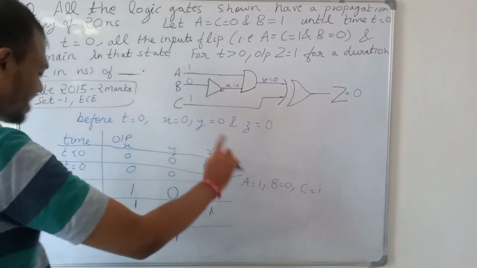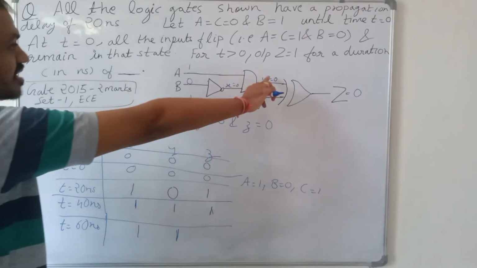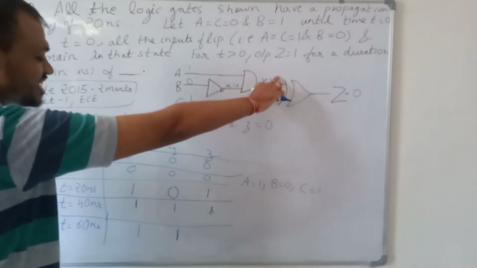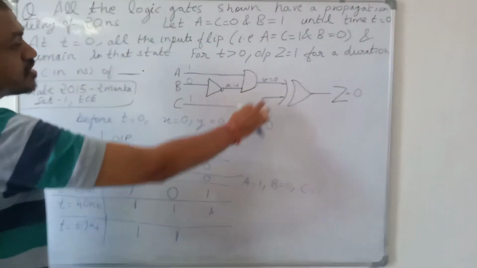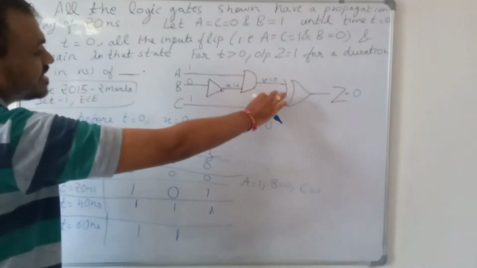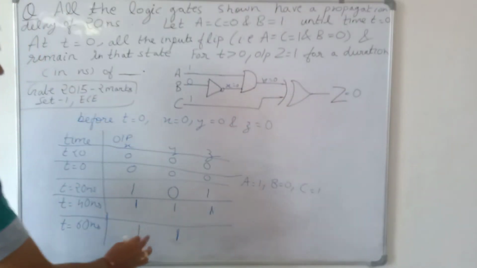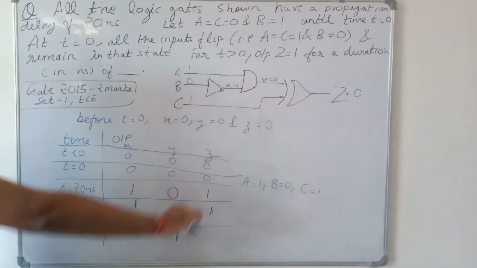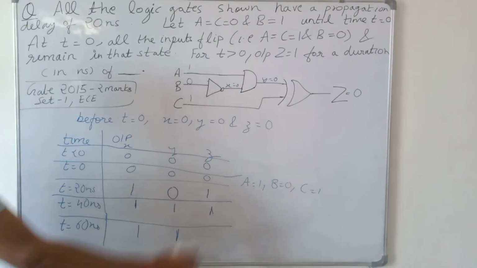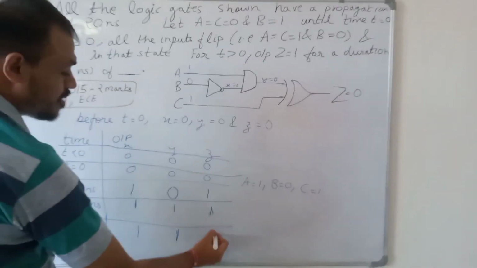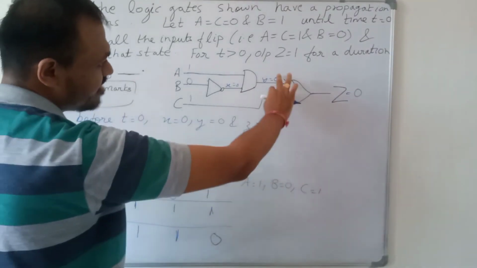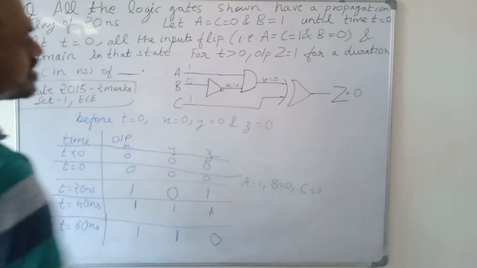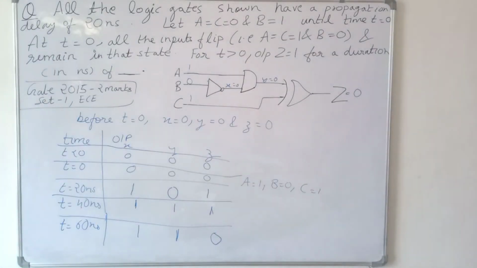But at t equal to 40 nanoseconds, this y changed from 0 to 1. So now this y is 1 and c was also 1. So z will change now to 0, because for an XOR gate, if both the inputs are 1, then the output is 0. So now output z has changed to 0.